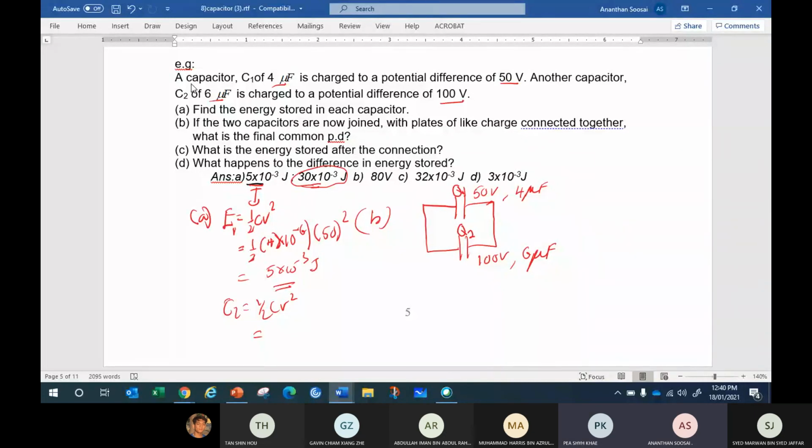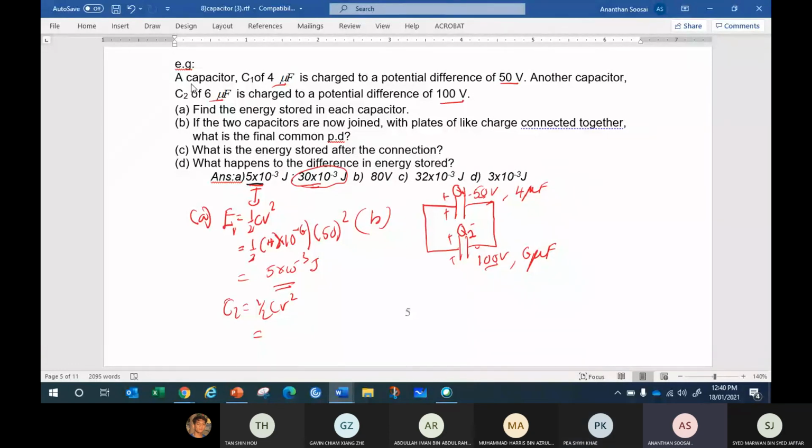Anybody? The charge will flow from 6 microfarad to 4 microfarad, or 4 microfarad to 6 microfarad? 6 to 4. Why? High voltage to low voltage. So the charge will start to flow. Let's say this plate is positive, and these are negative.